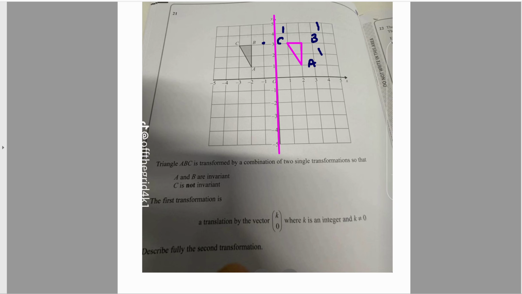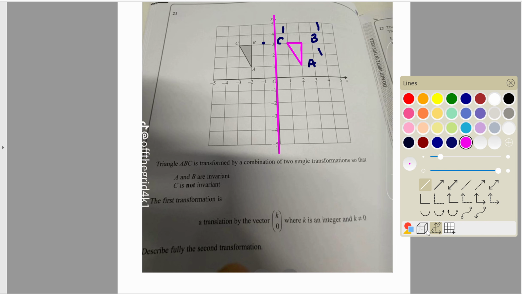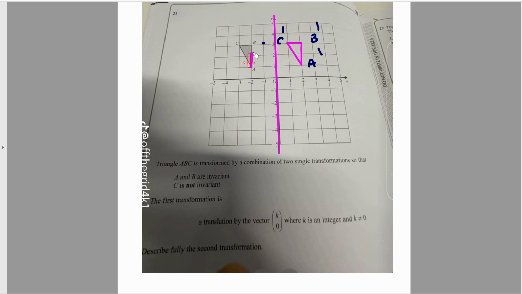So my triangle is going to be here, where A and B still have the same coordinates, and only C is changed.